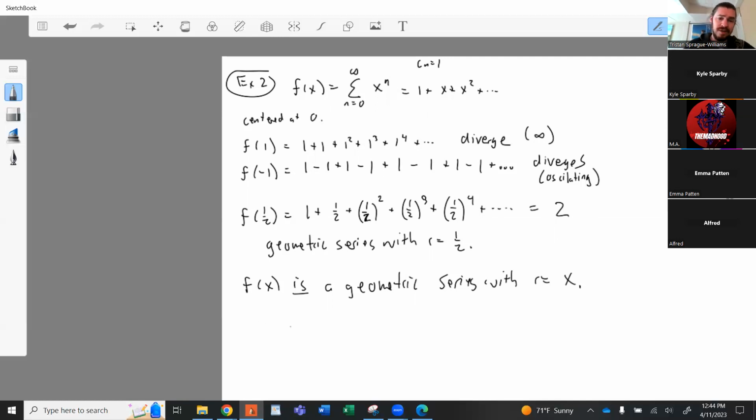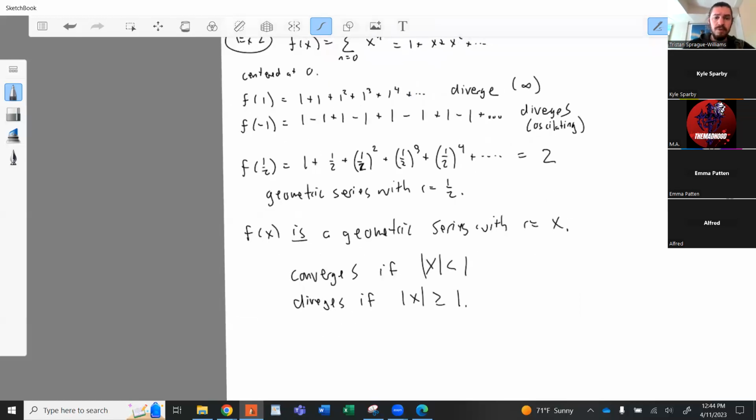So actually we can just say this thing converges if the absolute value of x is less than 1, and diverges if the absolute value of x is greater than or equal to 1. That's it. So the interval of convergence, otherwise known as the domain of the function, is -1 to 1, this time not including either of them.